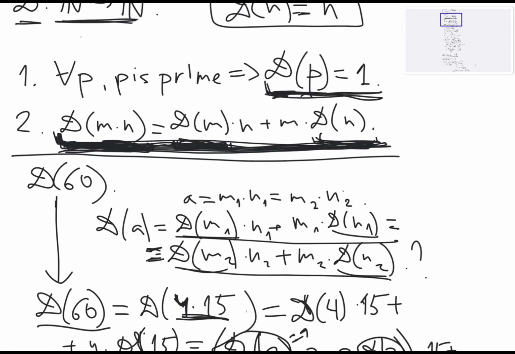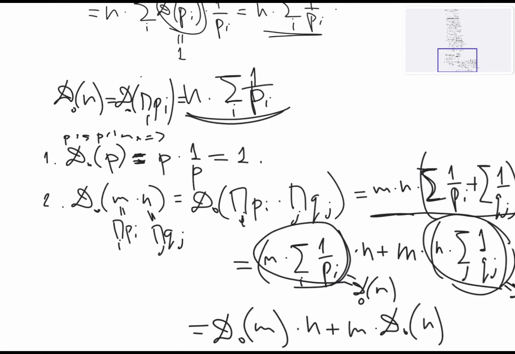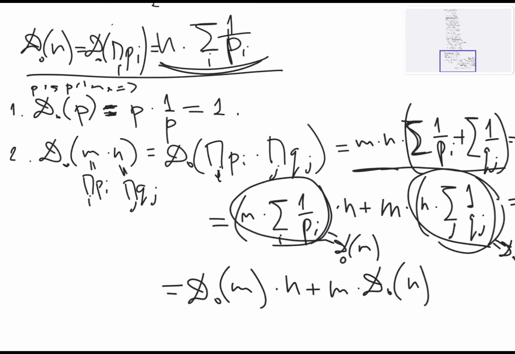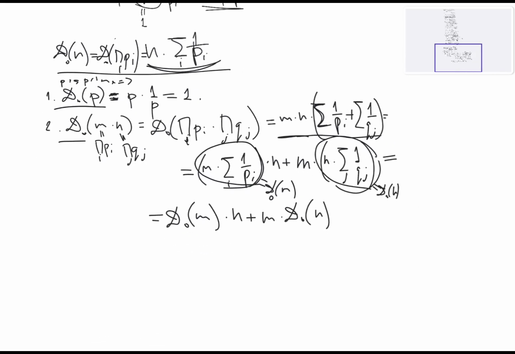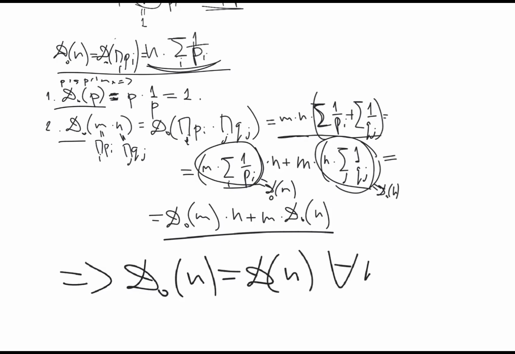So our function d0 defined in this way does satisfy both rule 1 and rule 2. We just checked. Because of this, and because these two rules fully define the function, it follows that d0 of n is equal to d of n for any n.